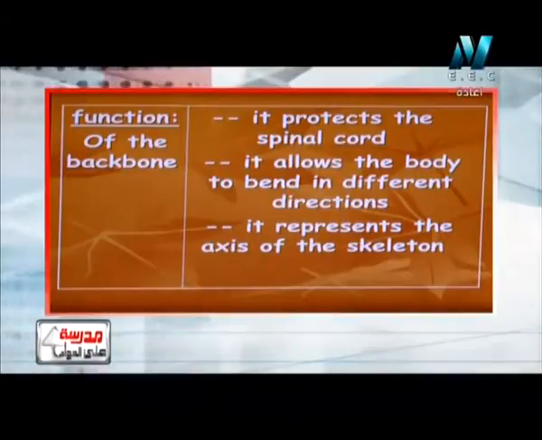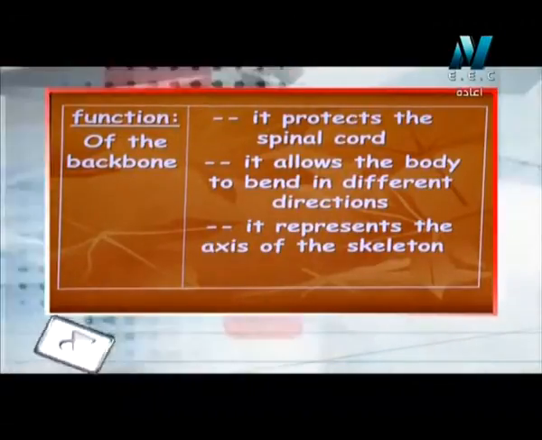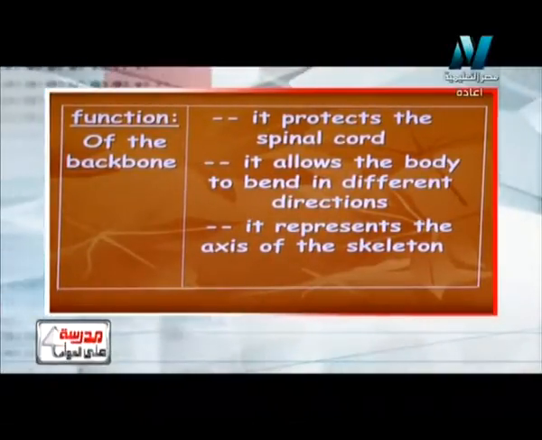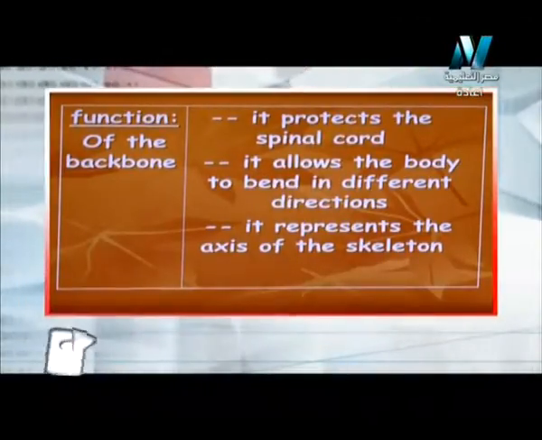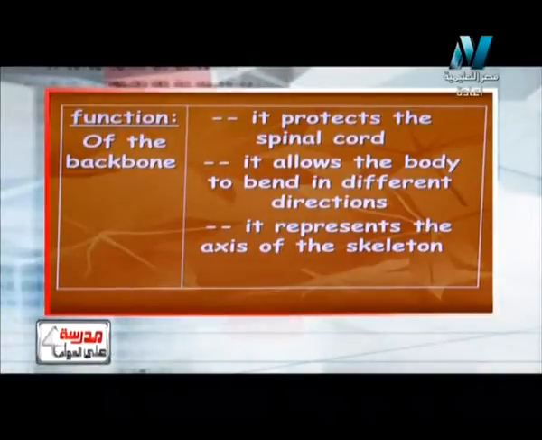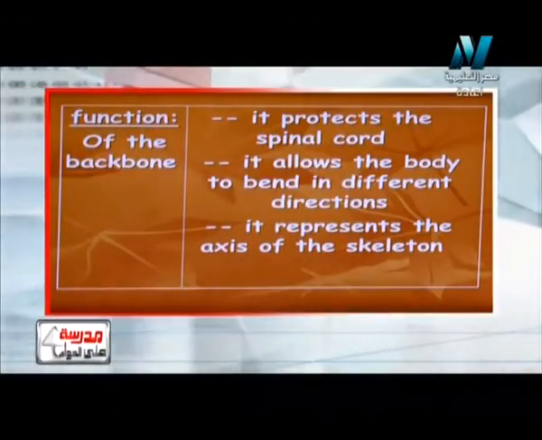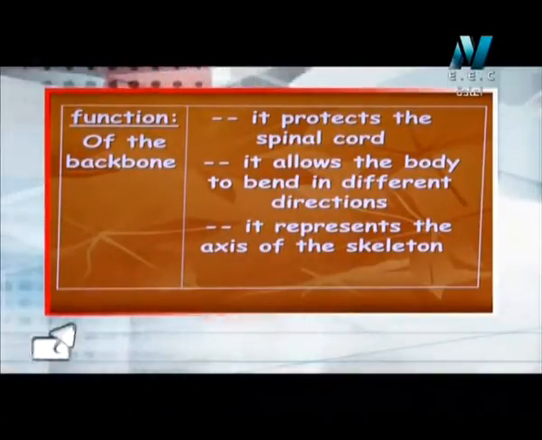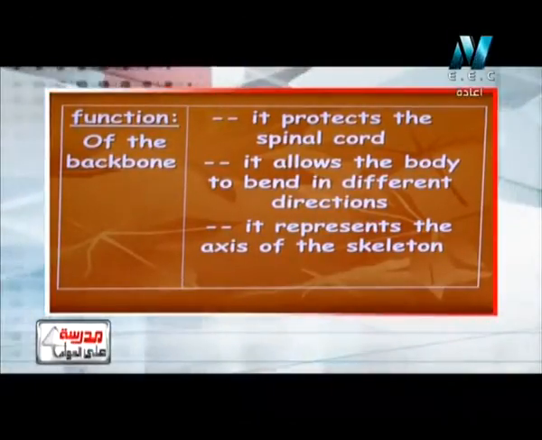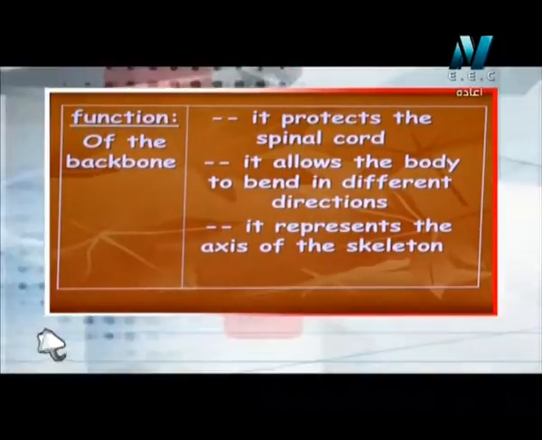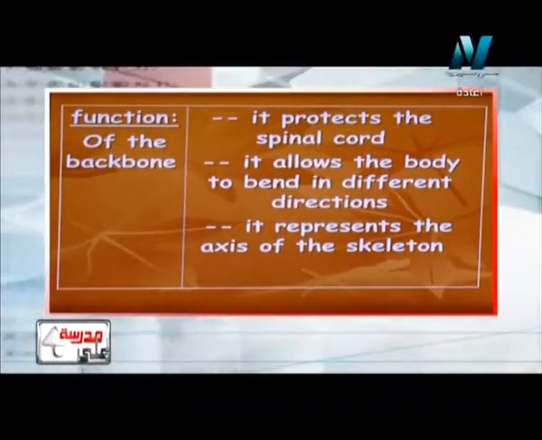Ahmed said that the backbone protects the spinal cord, and also the backbone allows the body to bend in different directions, and it also represents the axis of the skeleton. It allows the body to bend in different directions because it's not only one bone.